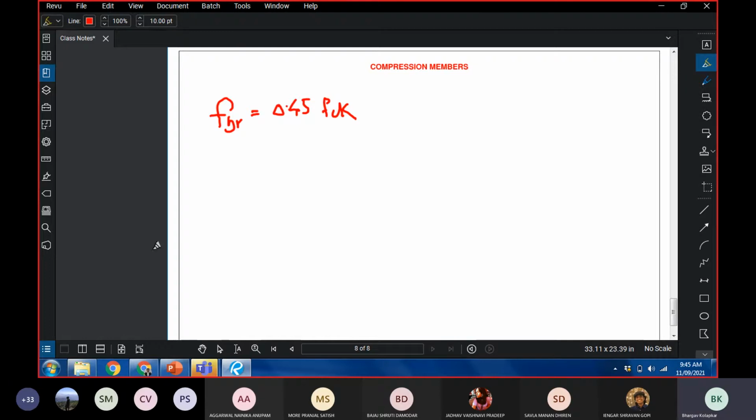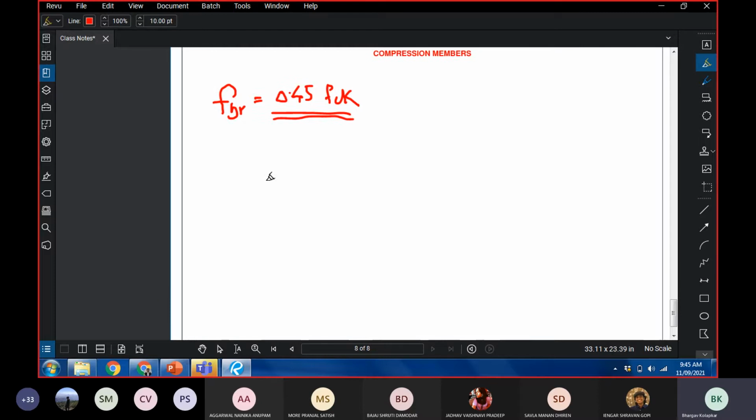Yes, it is 0.45 FCK. So the bearing resistance of concrete is 0.45 FCK, which means that this is the maximum stress that the concrete can take in bearing.